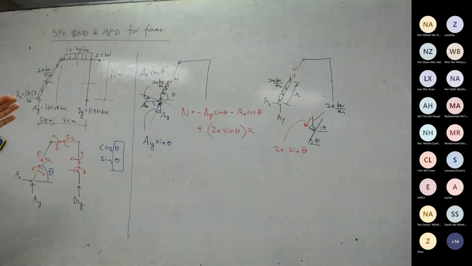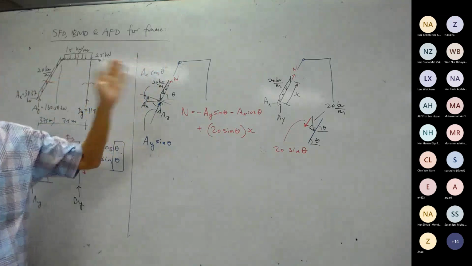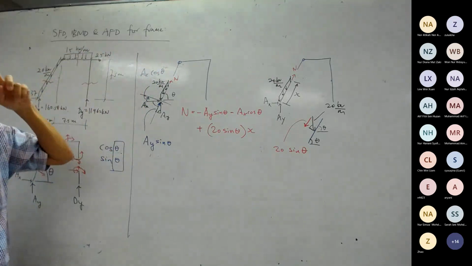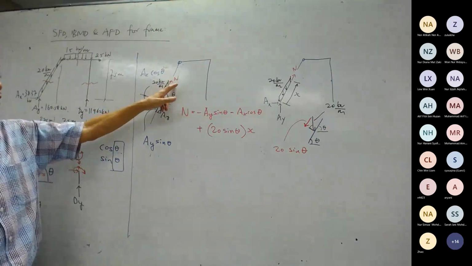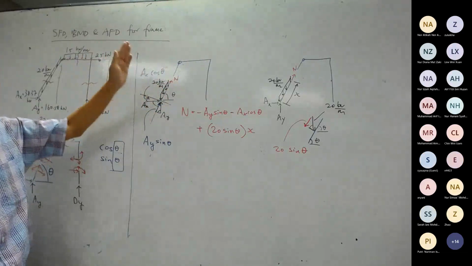So this is the thing that I would like all of you to be aware of, especially when you have an inclined member. First, what is the definition of axial force, shear force, the directions, which always follow the member?